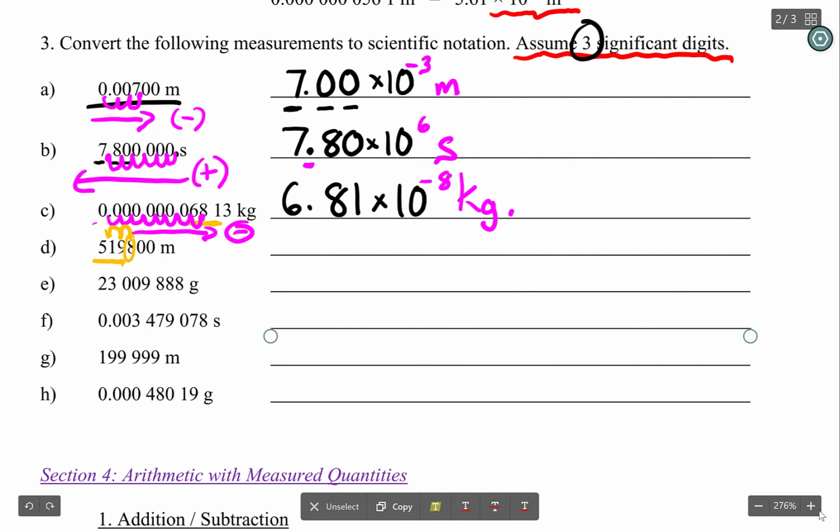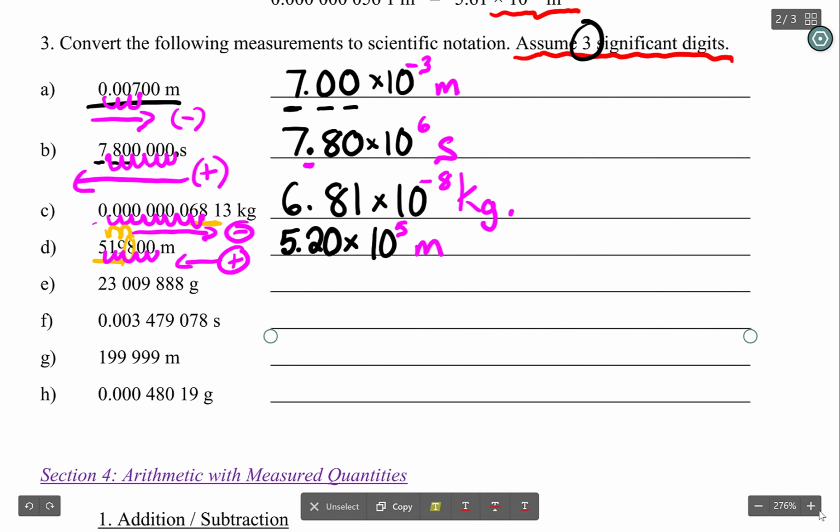So this would be 5.20 as three significant digits due to the rounding and then subsequent rounding. This is times 10 to the power of. I have to move the decimal place over 1, 2, 3, 4, 5 spots. So 5. Because it's to the left, it's positive. And then the unit would be in meters.